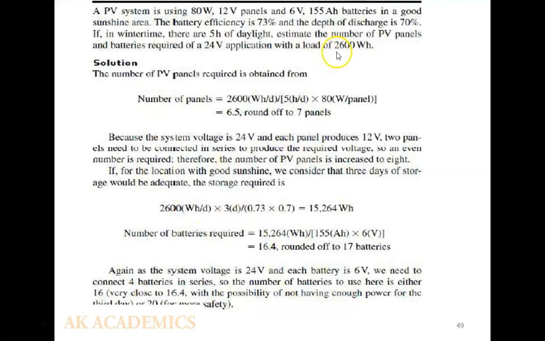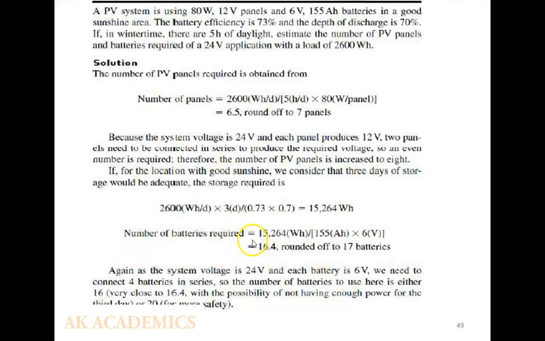We are supplying this 2,600 for 1 day, and since we have 3 days of autonomy, we must supply it for 3 days without interruption. So we multiply this 2,600 by 3, divided by 0.73, divided by 0.7. And when you do that, you would have 15,264 watt hours. So the total number of batteries we would need must be able to supply this amount of energy in these 3 days of autonomy.